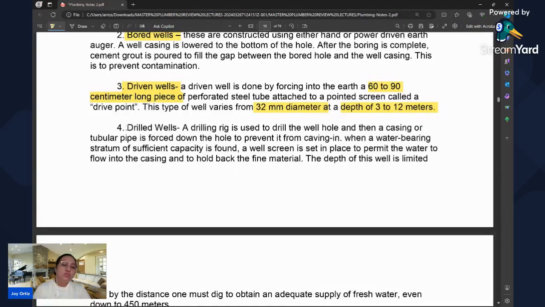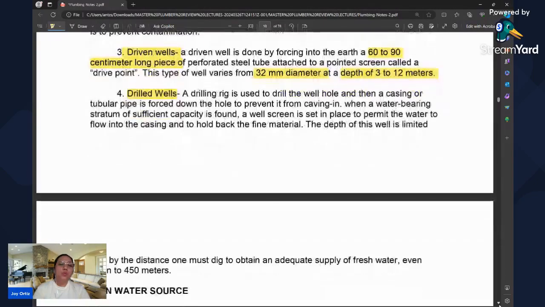So we have also the drilled wells. So usually we use the wells or yung mga dino-drill natin kapag yung mga geothermal, okay? Mga geothermal plants. So, a drilling rig is used to drill the well hole, and then casing or tubular pipe is forced down the hole to prevent it from caving in.